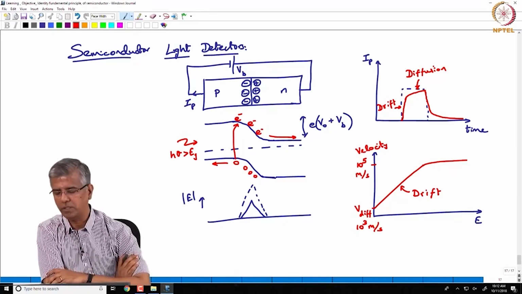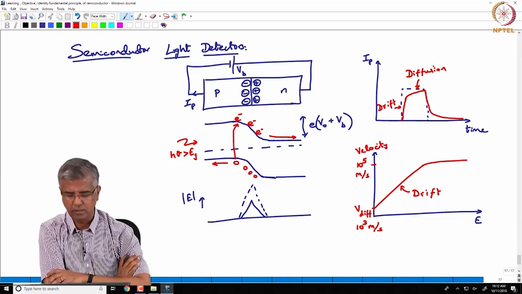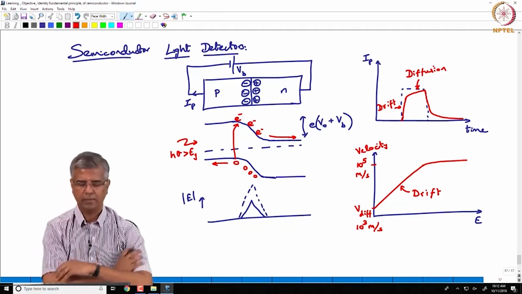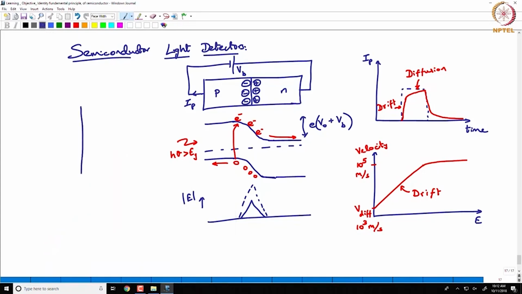So, it is not a question of whether you can get a photocurrent or not, right. That we already know. Let us see, the other day we were talking about the IV characteristics of your photodiode, right. So, let us say this is I and this is V, and we were talking about how it behaves in the forward bias.